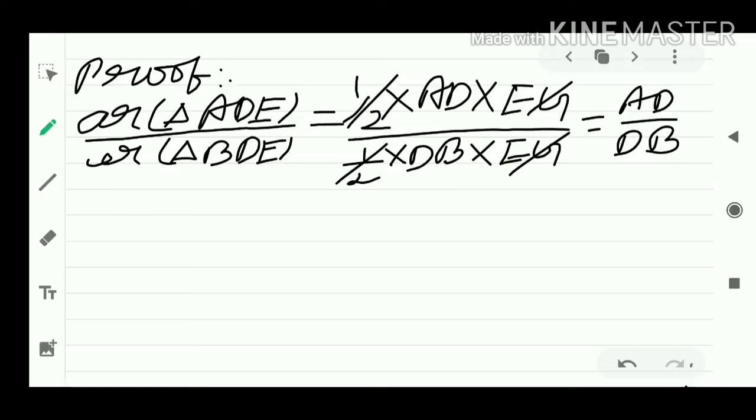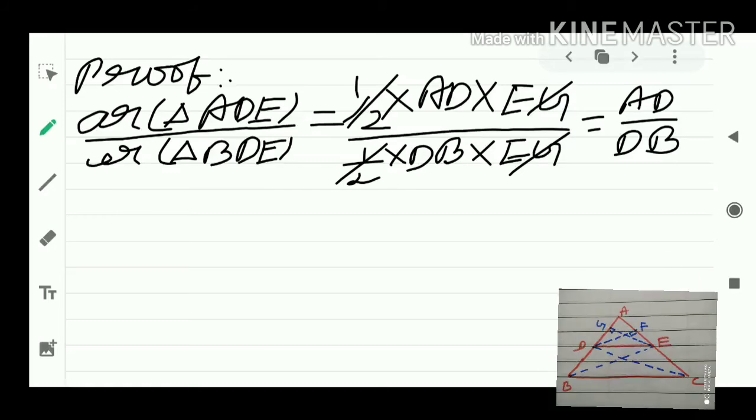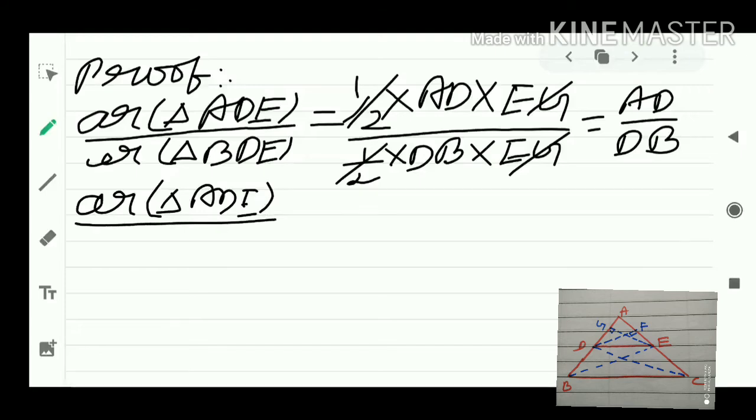Now, similarly, we find the ratio of area of triangle ADE by area of triangle CED equal to 1 by 2 into base.